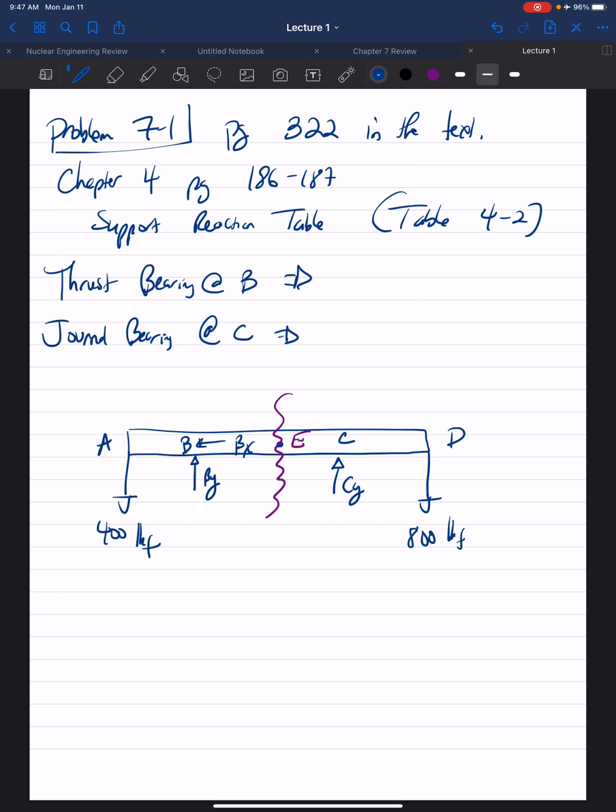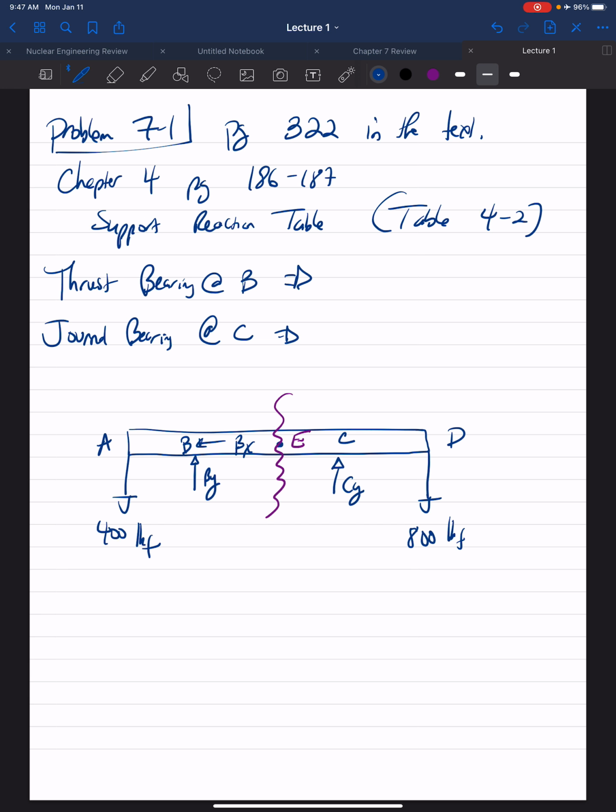So we take the moment about point B. Cy causes counterclockwise, so positive rotation. Perpendicular distance to point B is 8 feet. The 800 force causes a negative rotation about point B. Perpendicular distance to point B is 12 feet.